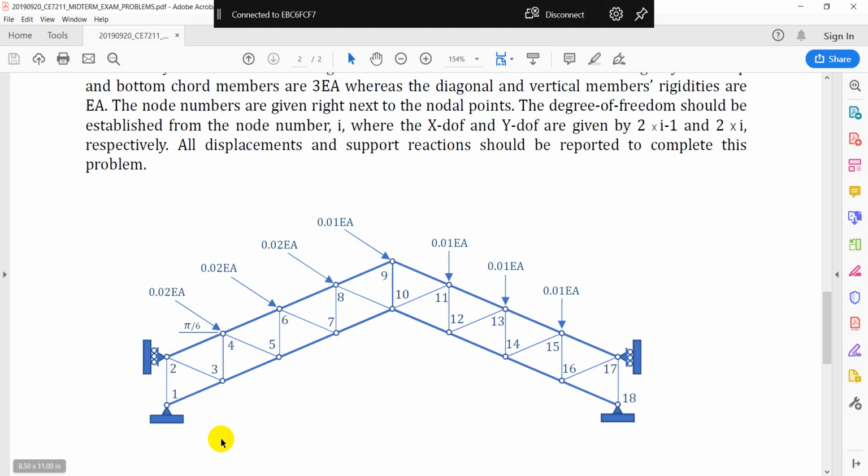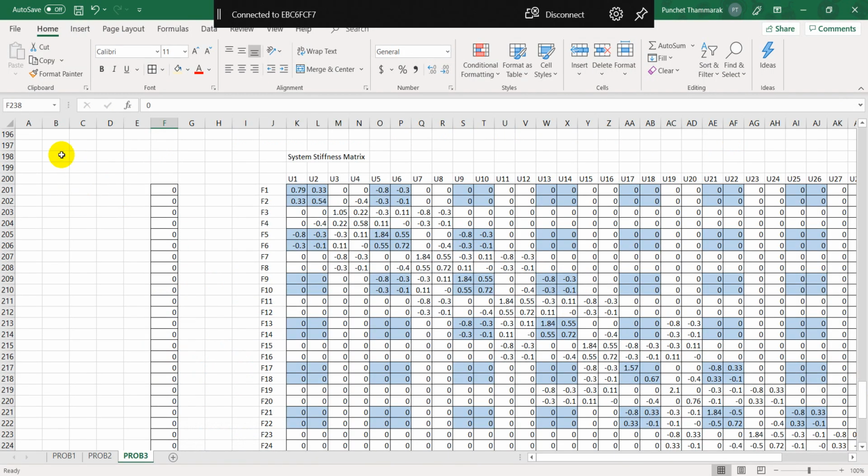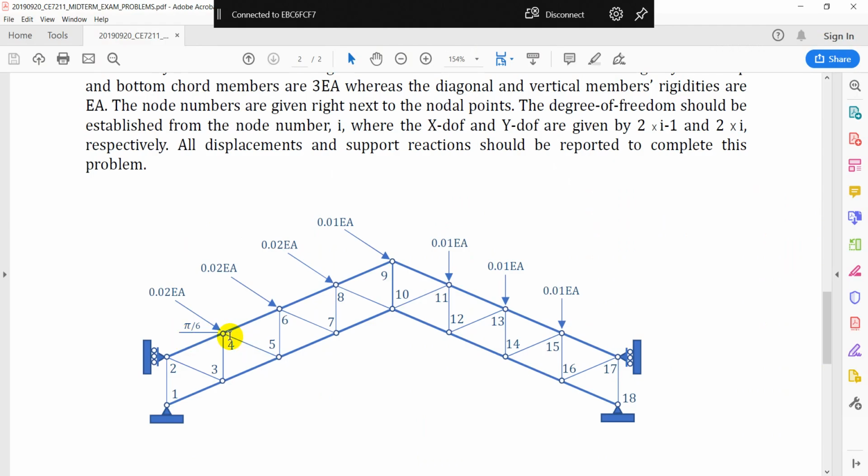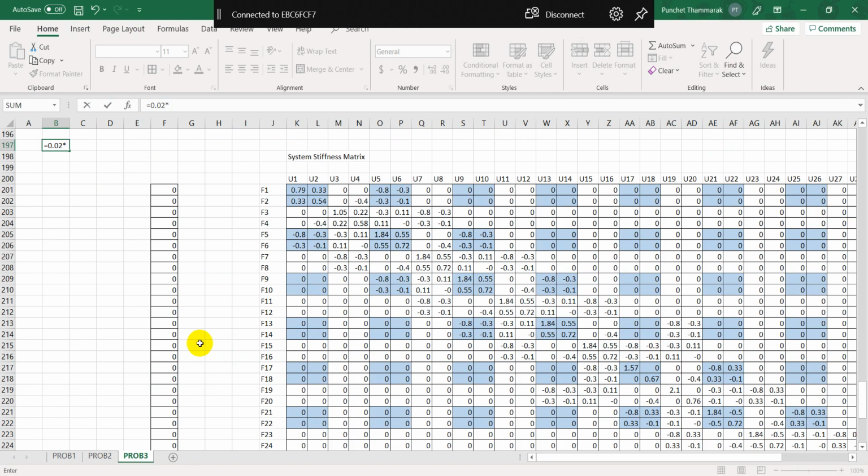We break it into 2 components. 0.02 multiplied by the horizontal component, which is 1 over 2, for pi over 6, 0.5.